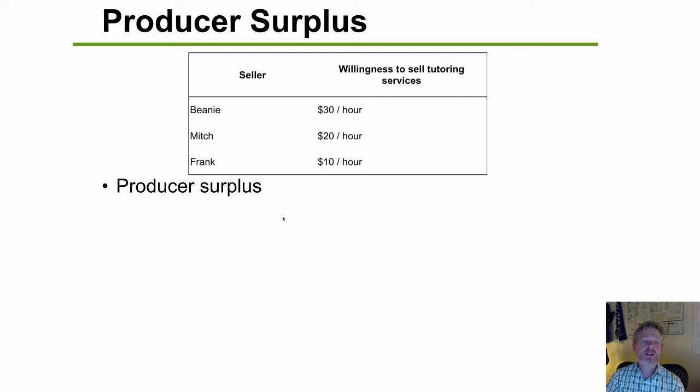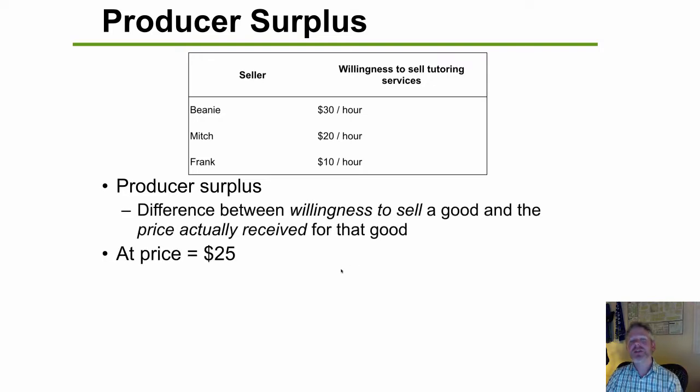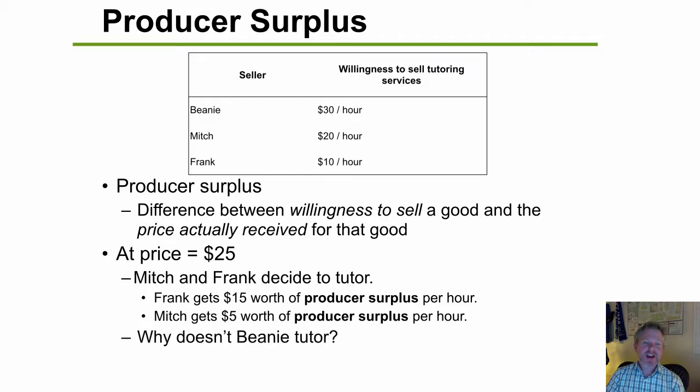So producer surplus is that difference between the willingness to sell a good and the price you actually receive for that good. At a price of $25, just like we said, Mitch and Frank decide to tutor. Frank will get $15 of producer surplus. If he can get someone to pay him $25 when he was willing to do it for $10, he gets a producer surplus of $15 per hour.